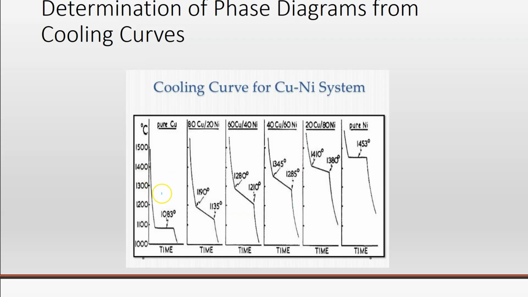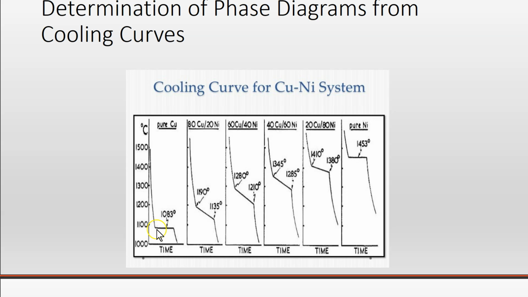So how do we actually create these phase diagrams? We can create them by making different mixtures, or different alloys, of different compositions of copper and nickel, and we can melt them and then allow them to cool and monitor the temperature.